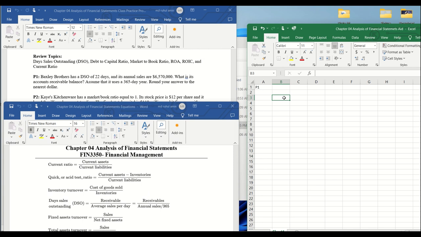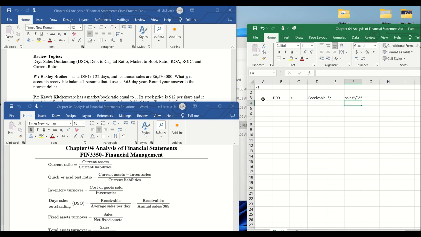So can I just say DSO equals receivables divided by sales divided by 365. So this is our formula.